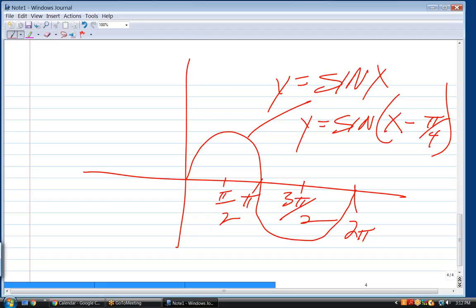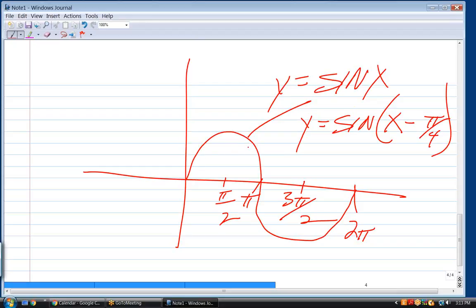When I say y is sine of x minus pi over 4, I'm saying there's a phase shift. How much is it and which way is it? The standard is x minus h, or in our case, x minus c. So our phase shift is a positive pi over 4, meaning we move it right pi over 4.